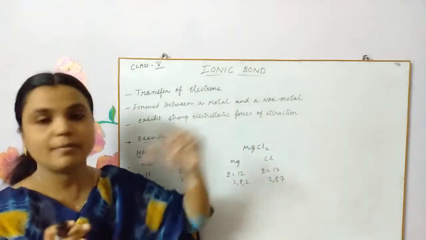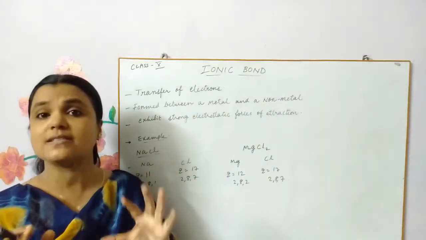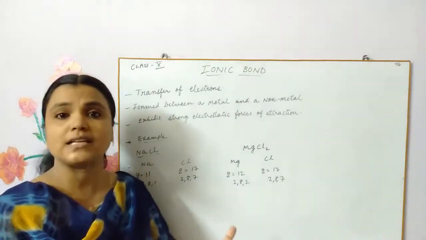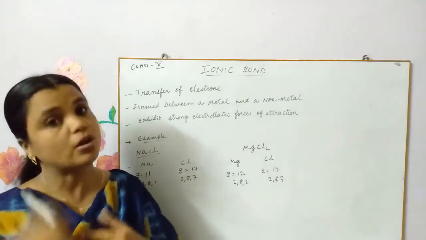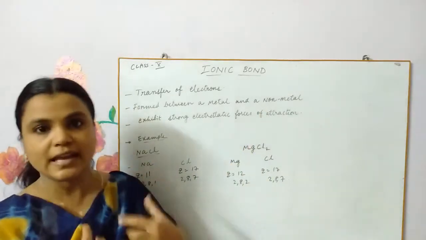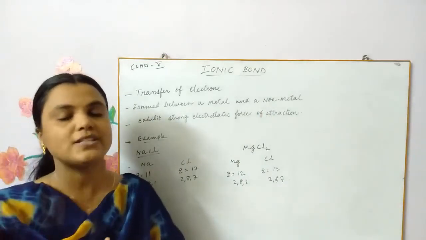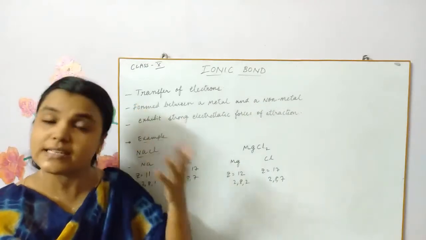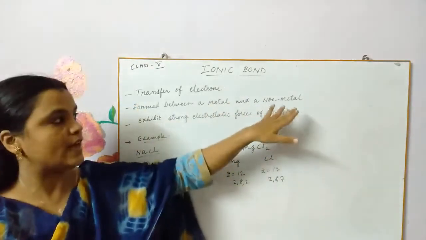Non-metals, on the other hand, are electronegative in nature. That means they have the tendency to gain electrons in order to get that stable configuration. When they gain an electron, they gain a negative charge, so their net charge is negative. That's why they are called electronegative atoms.